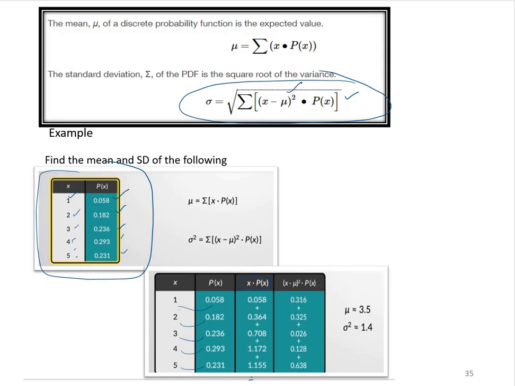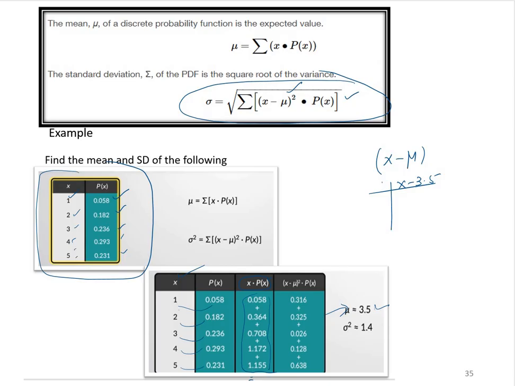So the mean is the sum of all these things, and that is equal to 3.5. If you find the standard deviation, you want to take the deviation from the mean. So find x minus mu. You know, x is here, mu is 3.5. So x minus 3.5, and then multiply it with the probabilities.